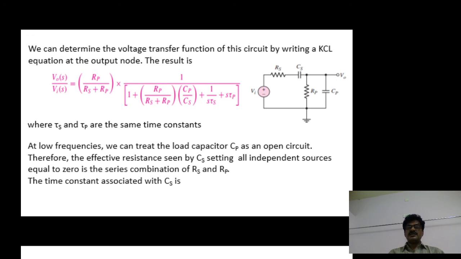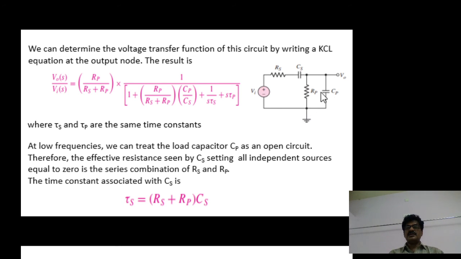At low frequencies, you know that the capacitor Cp acts as an open circuit. Now, if you observe the equivalent resistance of this circuit seen by CS, the series coupling capacitor, assuming all independent sources are short circuited, sources equal to 0, meaning they act as a short circuit.